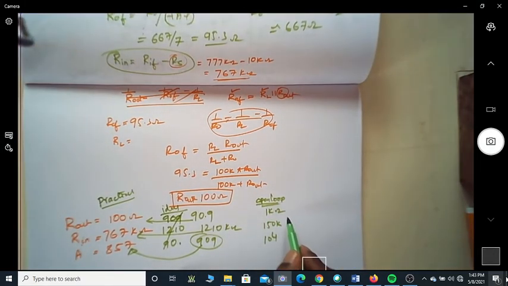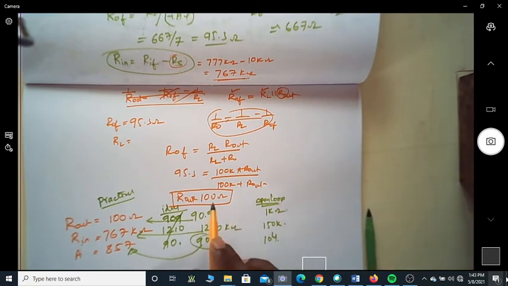These are the RID, R0, and A. In the ideal case, from 1k the output resistance reduces to 90. This is the least one. And from 150k the input impedance goes to this. This is the maximum one.